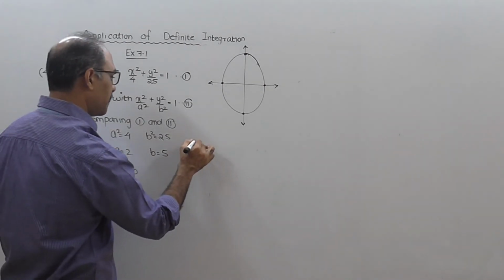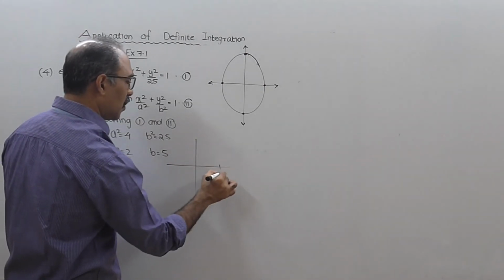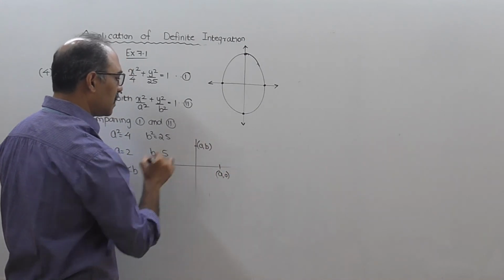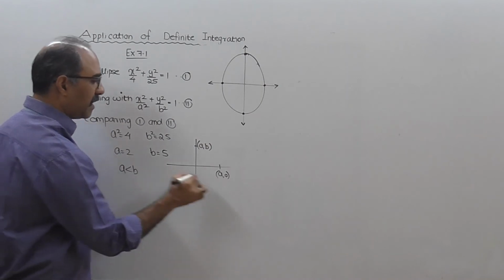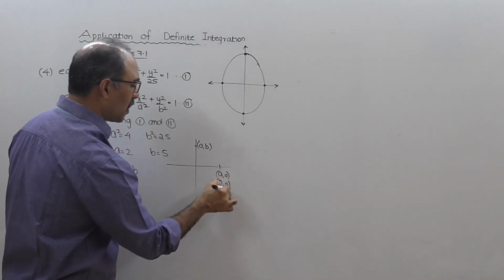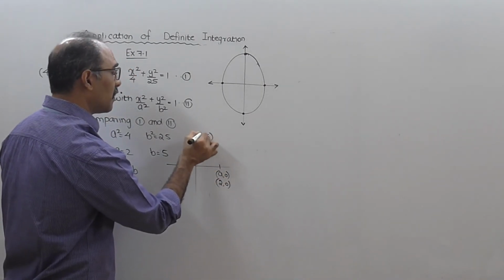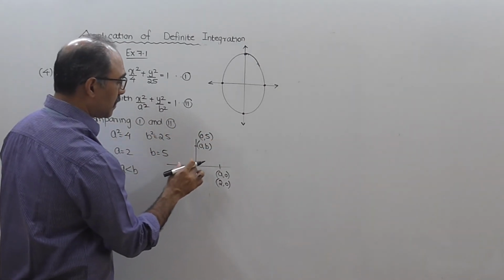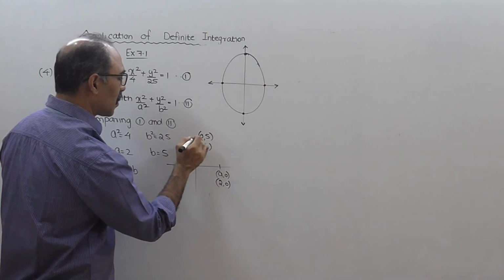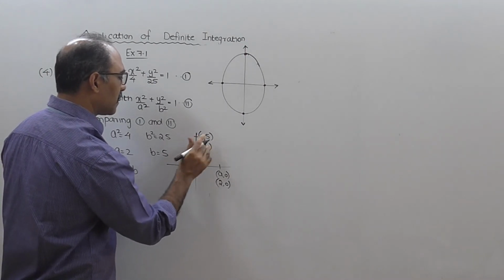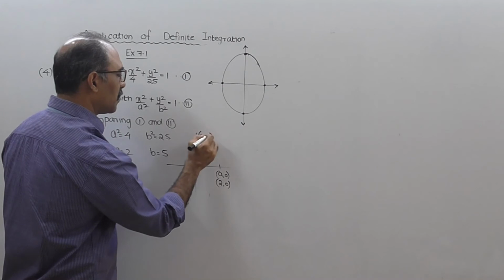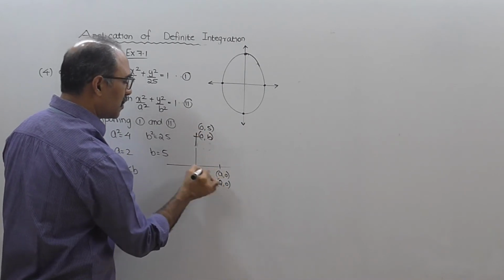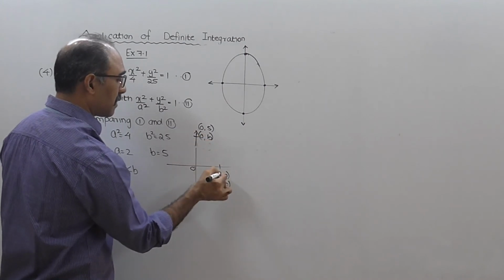See, if this is my coordinate axis, normally on the x-axis the coordinate is a comma 0 and on the y-axis my coordinate is 0 comma b. So if my a is 2, this point will be 2 comma 0 and this will be 0 comma 5. Is that clear? Now, which is bigger? 5 is big or 2 is big? 5 is bigger.